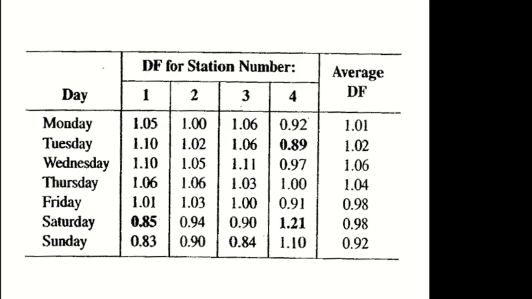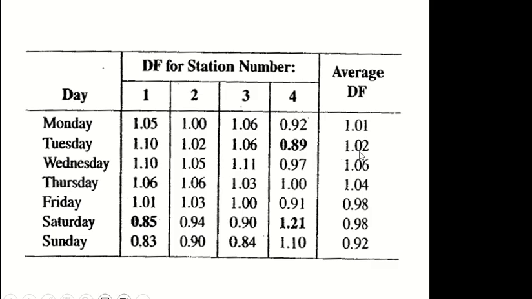If I go for Tuesday and I apply the same rule, 1.02, 1.1, the answer will be less than 0.1. 1.02, 1.02, no problem, answer is 0. 1.06, 1.02, the answer is 0.04. What about this one, 0.89 and 1.02?